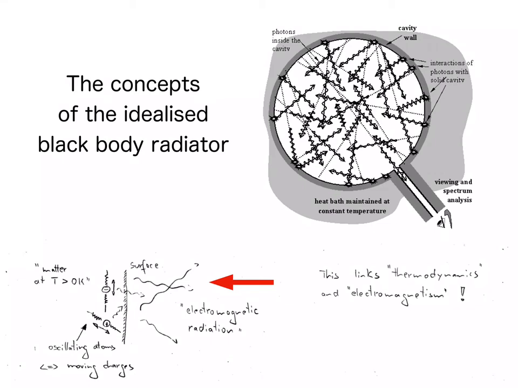The idea is that the temperature, and that is thermodynamics, of the wall is maintained through the molecular motion, the vibration of its atoms, and that includes also charge carriers like electrons and the core of an atom. So we have moving charges. Moving charges, as we know from electromagnetism, create electromagnetic waves which are therefore emitted by the surface. And on the outside of the wall we have a bath of electromagnetic radiation.